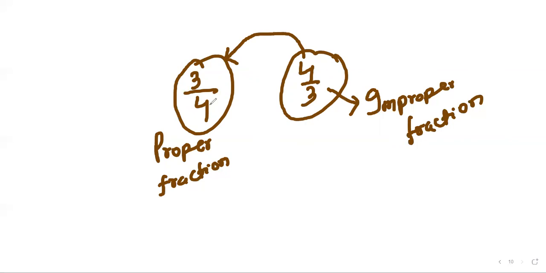And if you take the reciprocal of an improper fraction, the result is going to be a proper fraction. So that's all for now for this video. I hope with a lot of practice, you can easily identify proper and improper fractions along with some distinctions and some exceptions which may come into your mind.